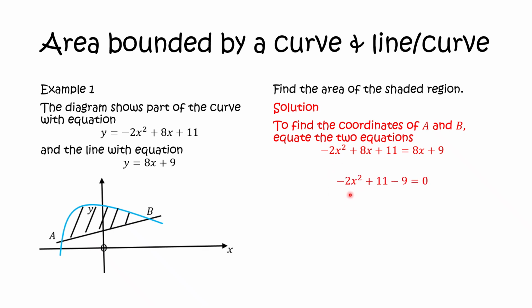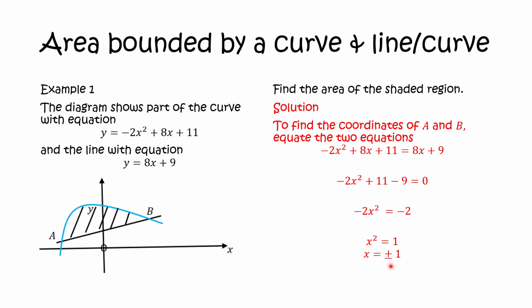As we do so, we are going to have minus 2x squared plus 11 minus 9 is equals to 0. So simplifying that, we have minus 2x squared is equal to minus 2, implying that x squared is equals to 1. Now solving for x, we get two values, plus or minus 1.